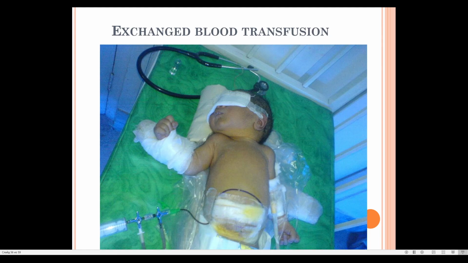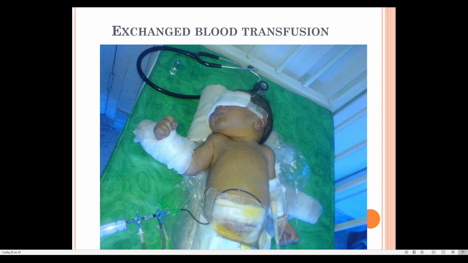Here you can see in the picture how an exchange blood transfusion happens. You can see that the baby is located under the special source of ultraviolet light with protected eyes. There is the possibility to auscultate heart sounds and lung sounds.